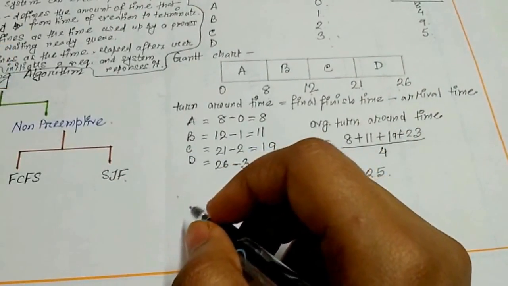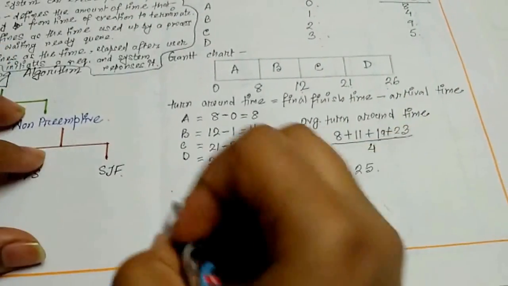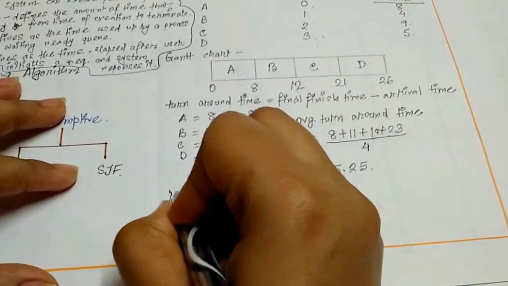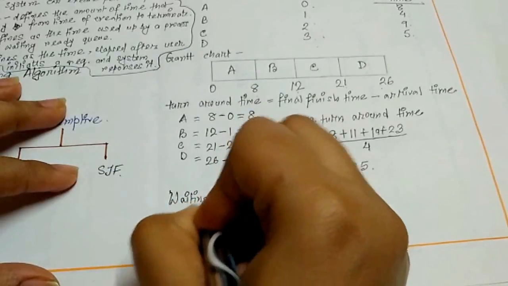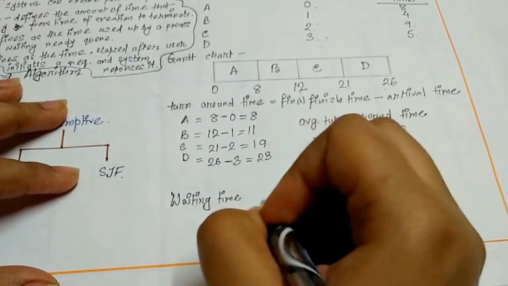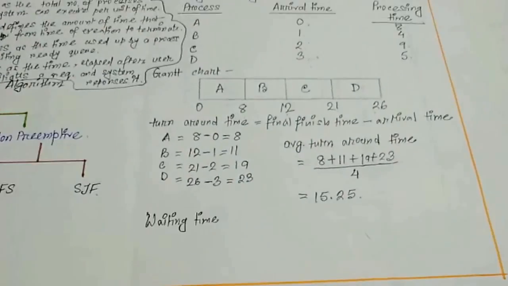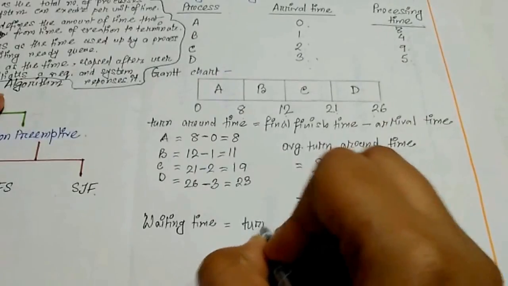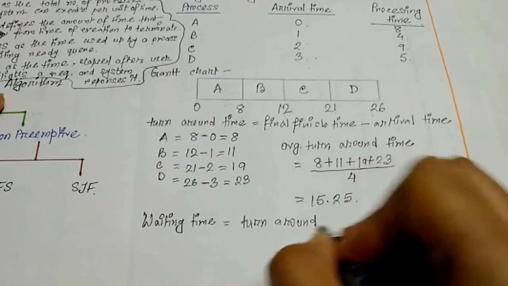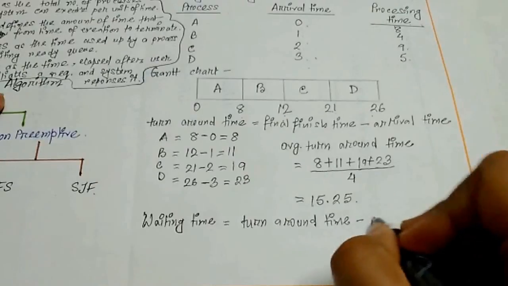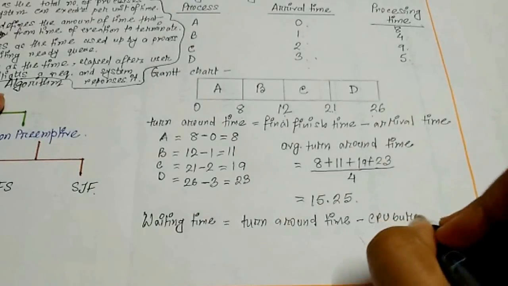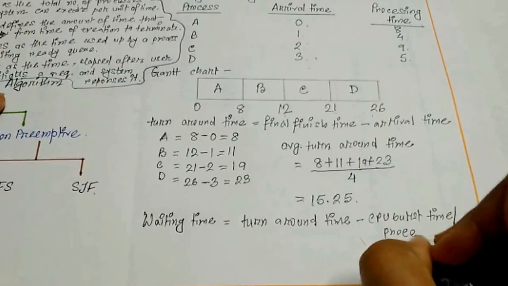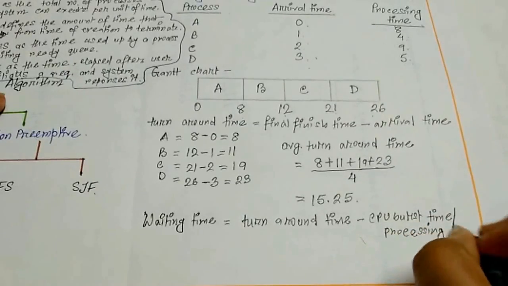The CPU burst time is equivalent to the processing time, so waiting time equals turnaround time minus CPU burst time, or processing time.